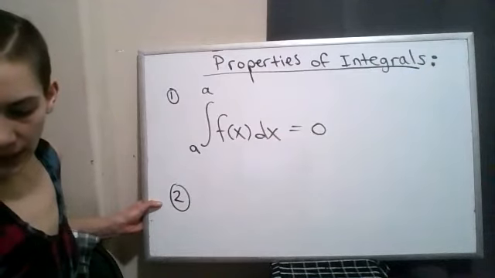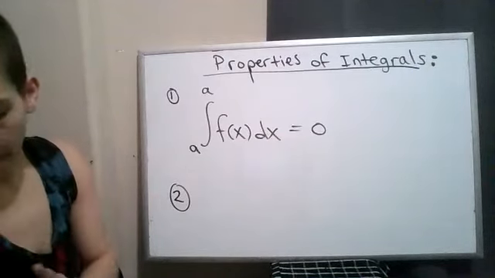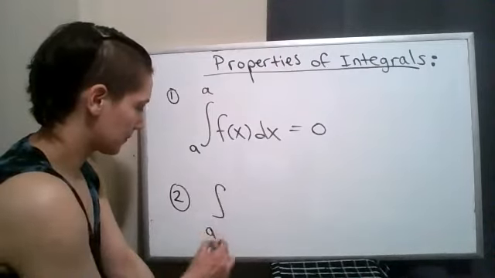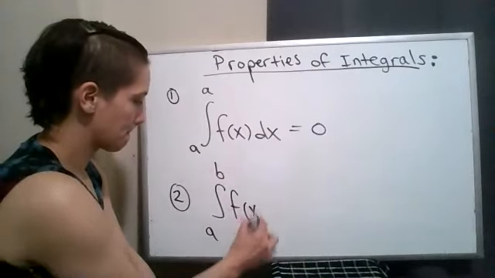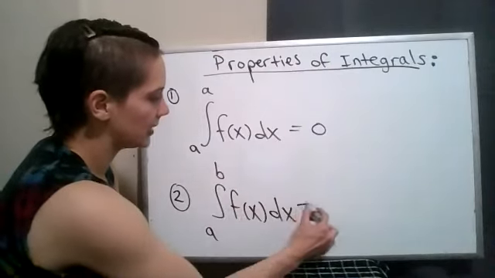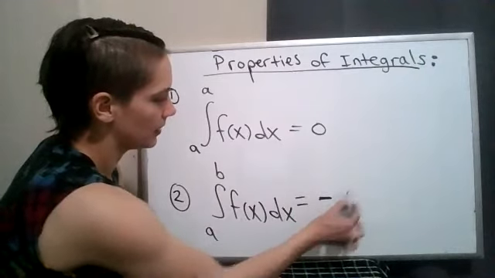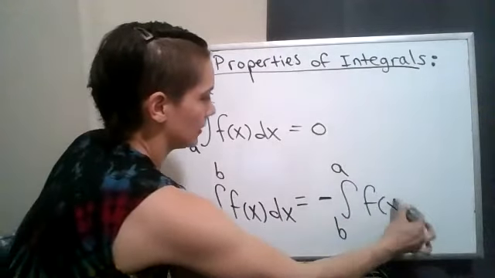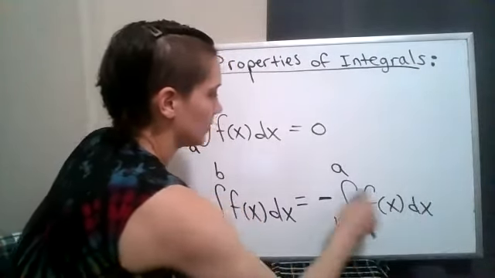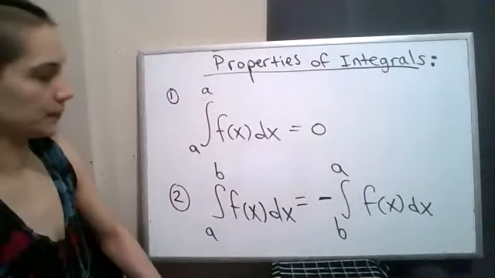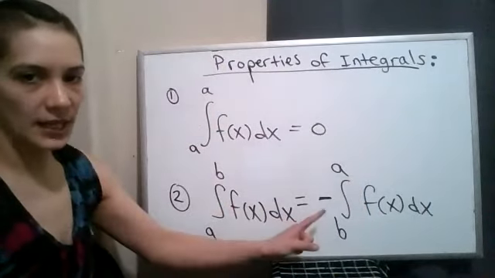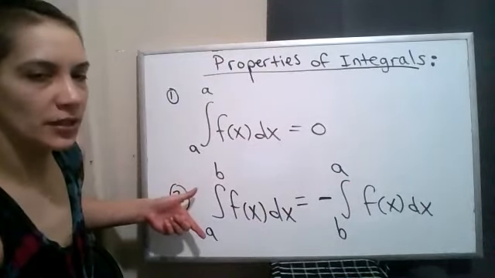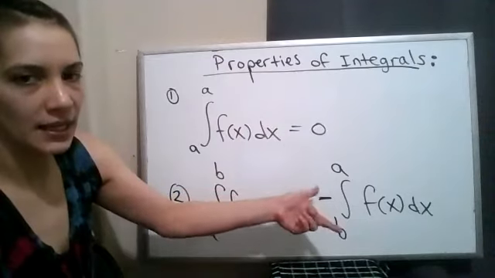Also, the integral from a to b of f of x dx is equal to the negative of the integral from b to a of f of x dx. So that negative sign lets you switch the interval of integration to being from b to a.